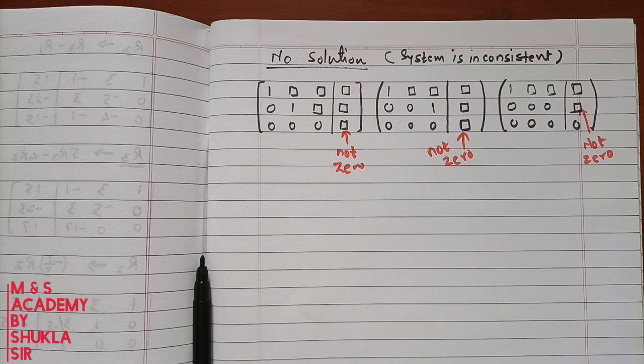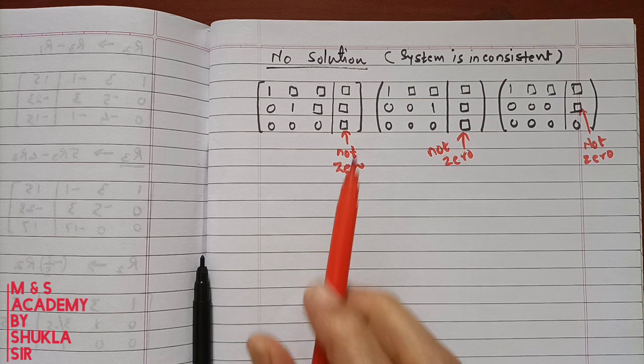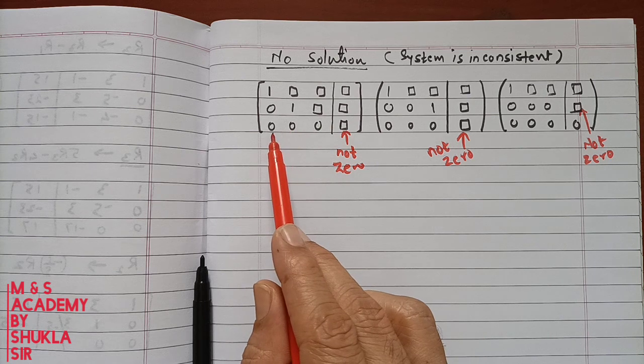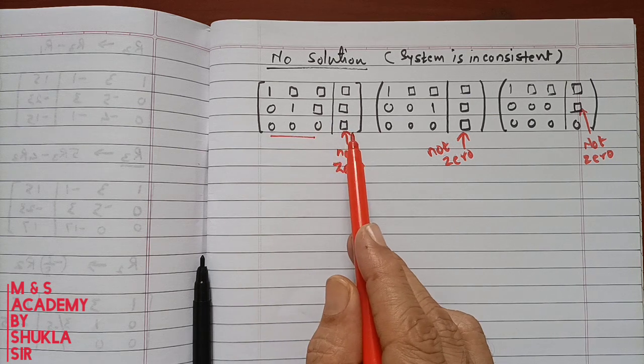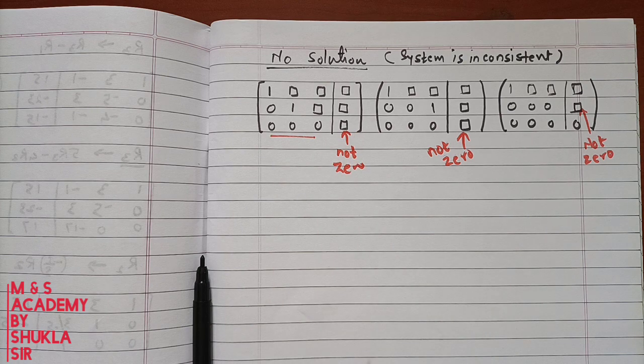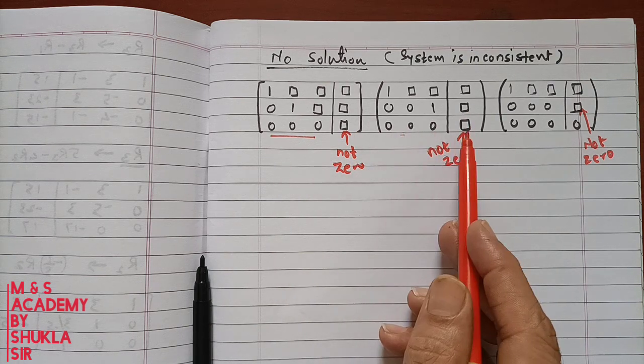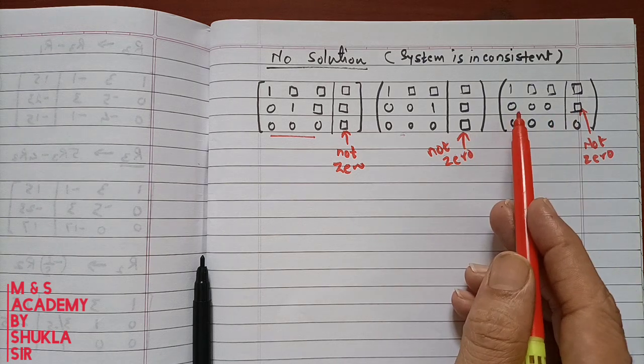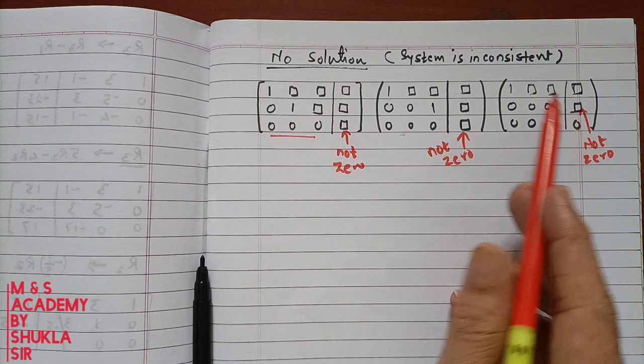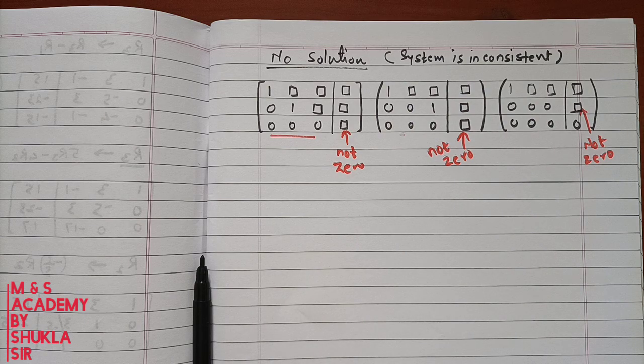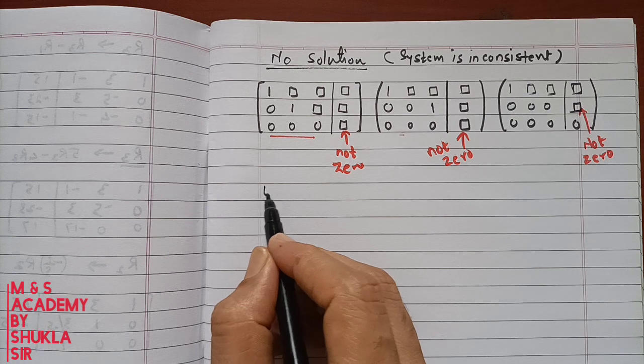So in each of these forms, we have an equation in which the LHS is 0 and the RHS is not 0. In such cases, the given system of linear equations is said to be inconsistent, or you can say there is no solution. We'll see the same by using an example.